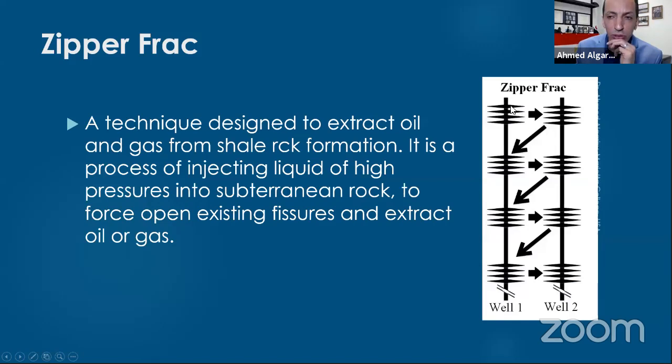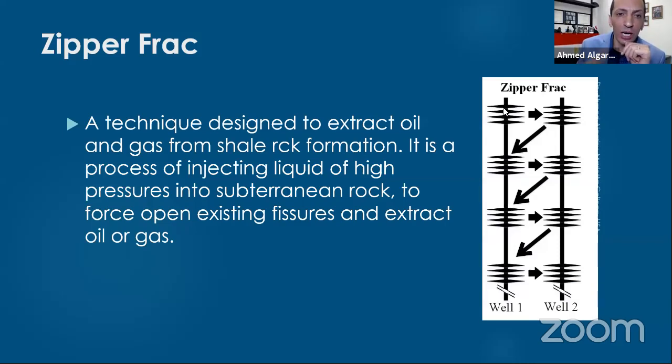These fractures, this is stage 1, and this is stage 2. This is stage 3. So one lateral consists of multiple stages, each stage consists of many clusters, and each cluster acts like one hydraulic fracture.